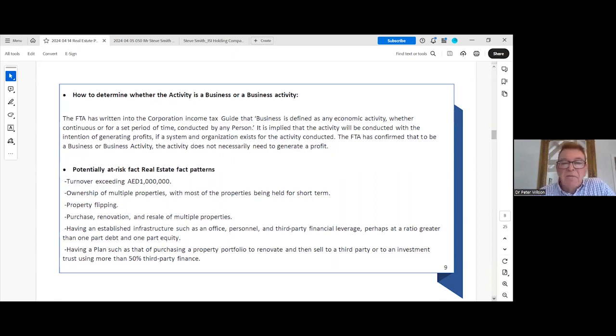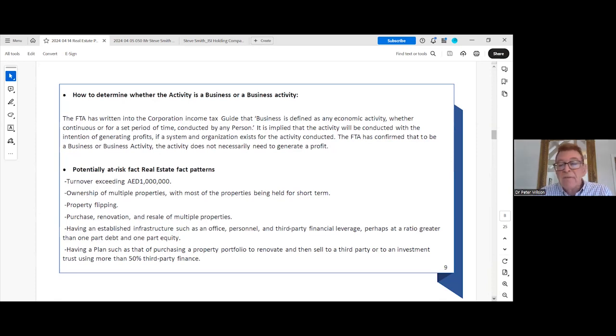So it can't be for a short period. And it's implied in all this that the activity has got to be conducted with the intention of generating a profit. And it's also contended that there's got to be a system and an organisation that needs to exist for the activity to be conducted.